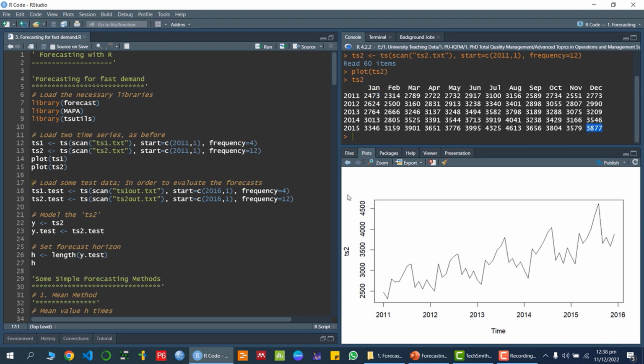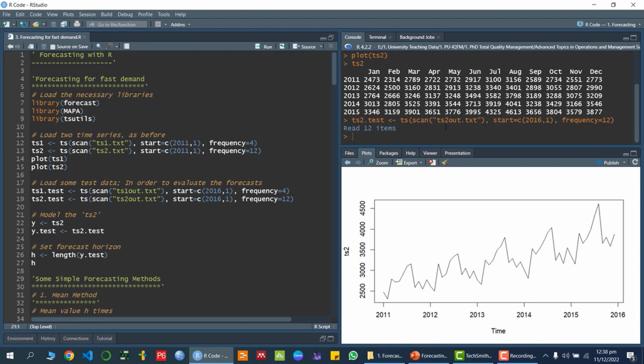I have already broken this time series data into two components. One is the training data set. Now I am going to use the testing data set in order to check which model is going to be the best one. That is stored in ts2.test, another data file we have.